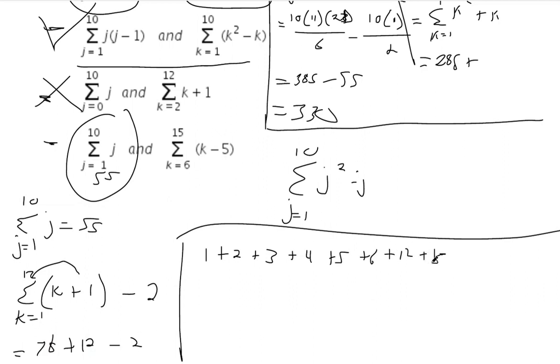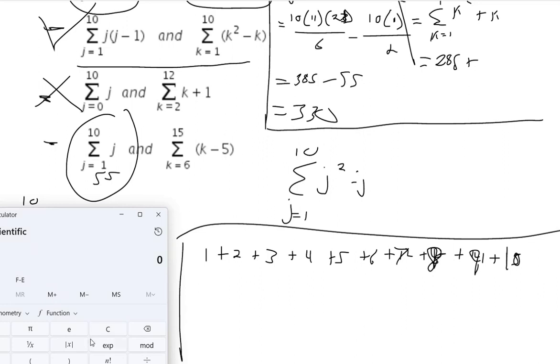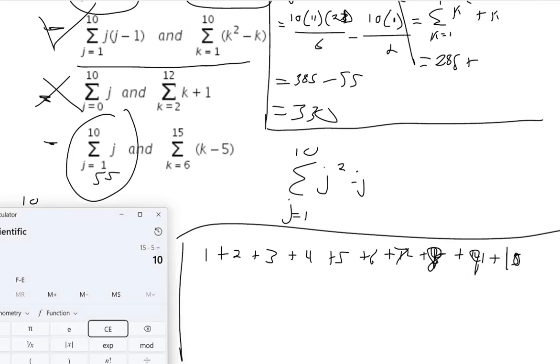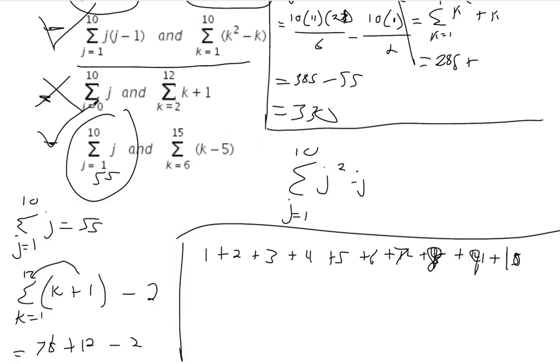This k equals 13. k equals 14. k equals 15. That's 8, 9, 10. Because if you plug in 15, 15 minus 5 makes 10. If you plug in 14, you get out 9. So these are all the terms that we're summing. We got 55, so those two look to be equivalent to one another.